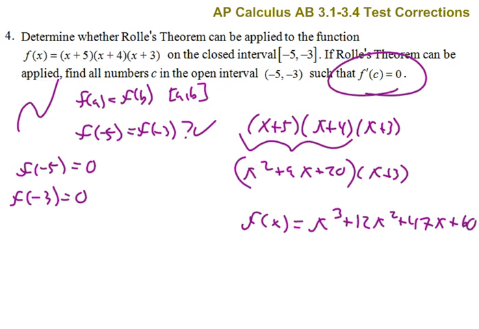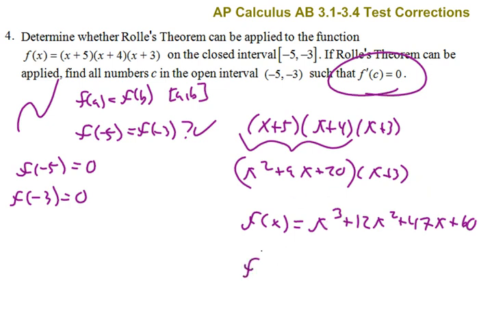If you got this problem wrong, please pause the video and multiply it all out, just to make sure you understand this. So all we do is find the derivative. I want to find this c, so that's why I set it equal to 0, and then we're going to solve. But first we've got to find the derivative, right?